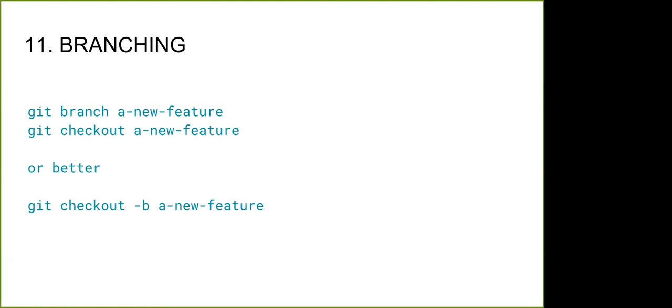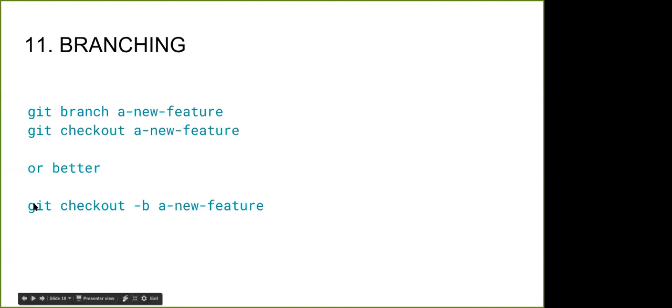And branching. You can create a new branch, and you can also check out to a branch. So git branch creates the branch, and git checkout goes to that branch. Or better, in a single command you say git checkout hyphen b and a branch name.